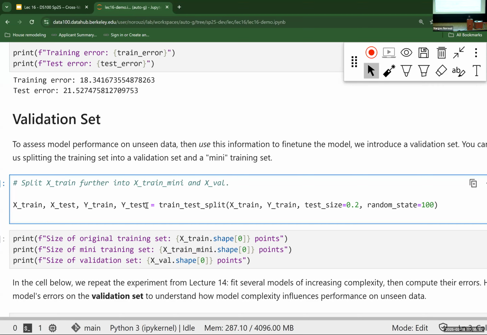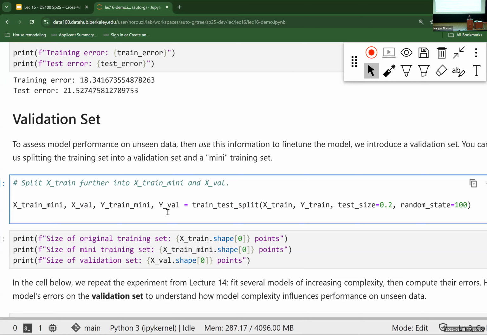So instead of test, we basically have validation. So all the tests are now going to be my validation. And then instead of x train, now I have a different part, which is called x train mini that I'm going to use, right?